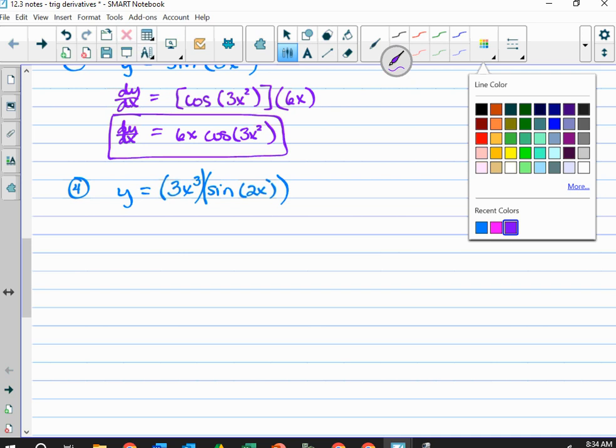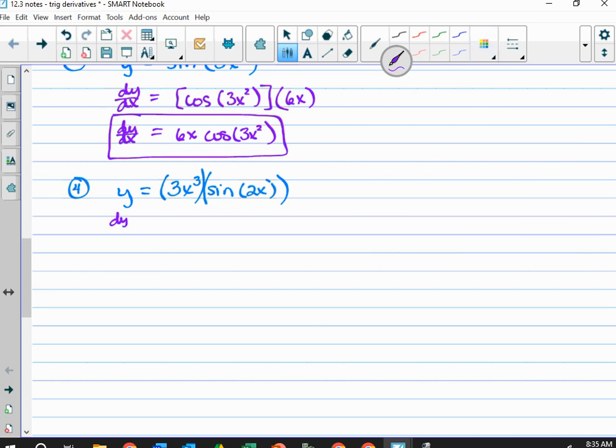Okay, guys, let's take a look. All right, so product rule, I'm going to do sine of 2x times the derivative of that first piece. So that would be times 9x squared plus 3x cubed. Okay, then times the derivative of sine of 2x.